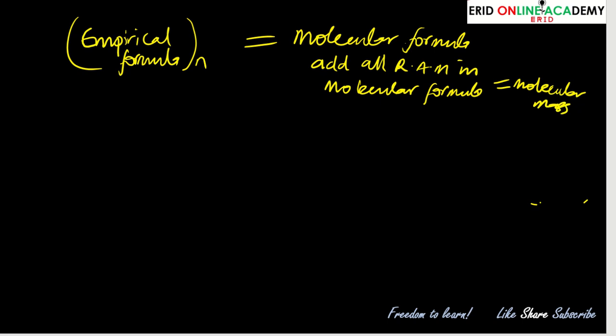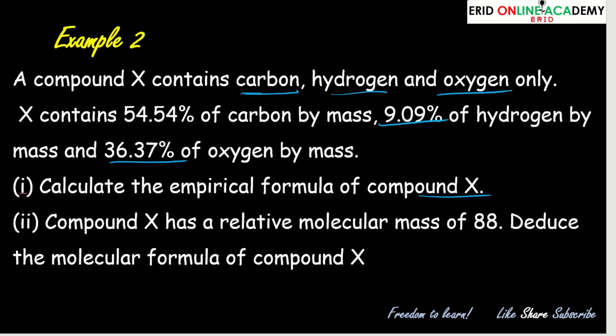But luckily we've been given the molecular mass. So the empirical formula that we got is C2H4O. We don't know what number we need to multiply it by, and we're given the molecular mass to be 88 for the compound.